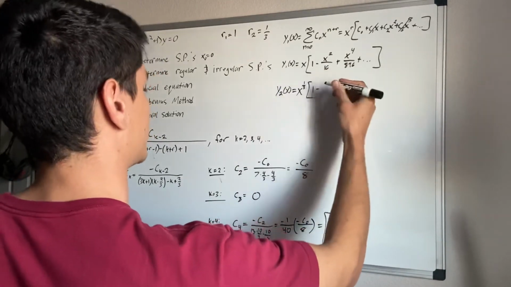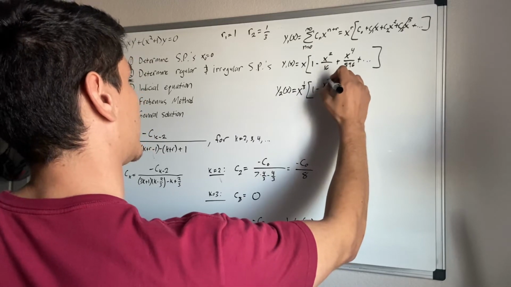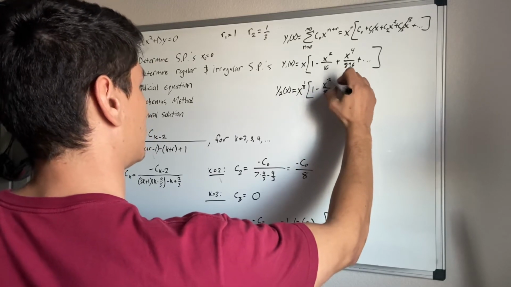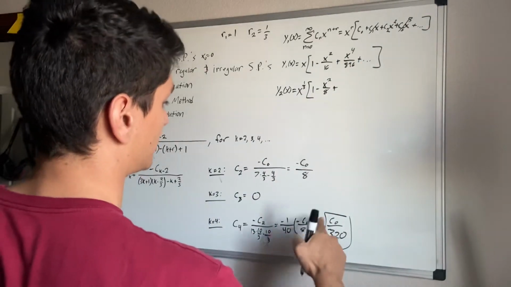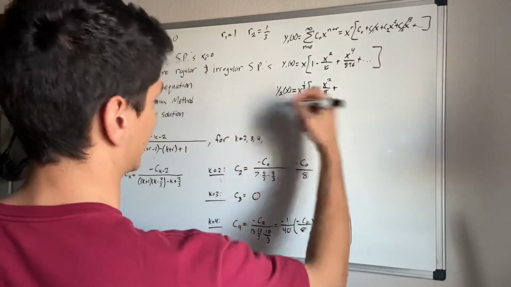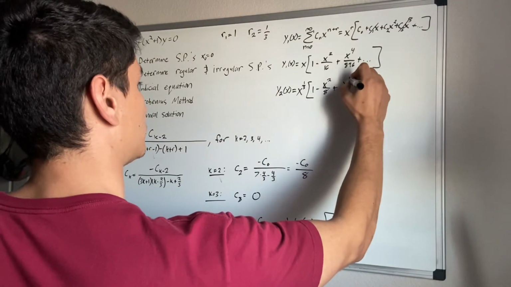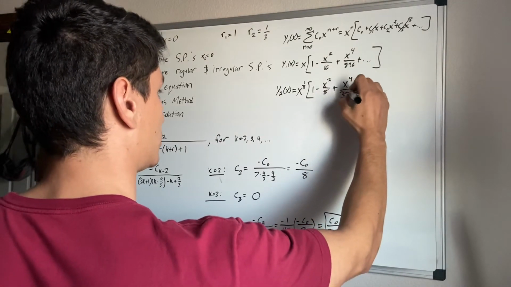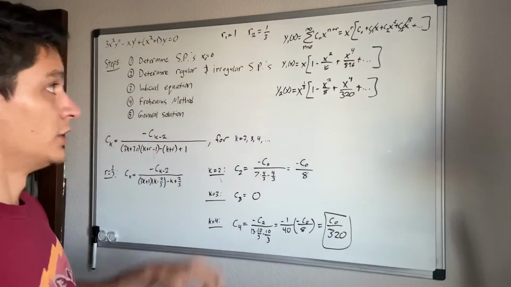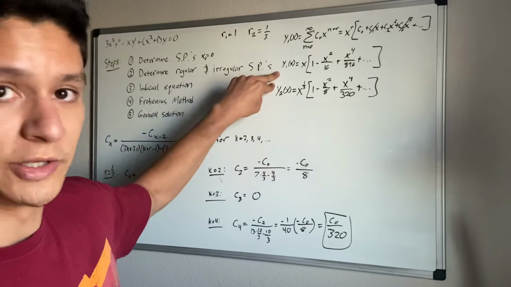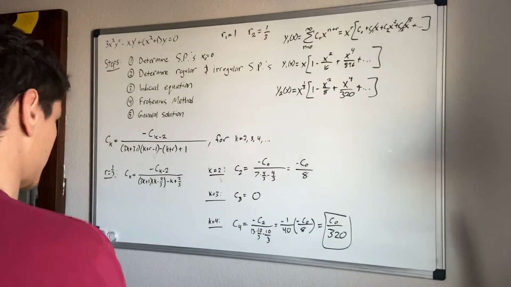We're going to factor out the c sub 0, so we get x squared over 8, and c sub 3 goes away. C sub 4 is positive c sub 0, which we factor out, so it's x to the 4th over 320 plus dot dot dot, and that's going to continue forever. So those are y sub 1 and y sub 2 using Frobenius' method.